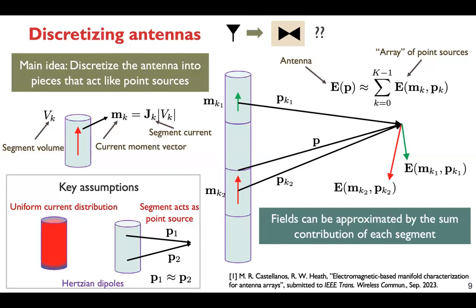The Hertzian dipole is really the fundamental building block of radiating surfaces in electromagnetics. And when we have this description, we've now turned the antenna, which is a contiguous radiating body, into an array of electromagnetic point sources. From superposition, by taking into account the radiation of each of those segments, we can equivalently characterize the radiation of the antenna.